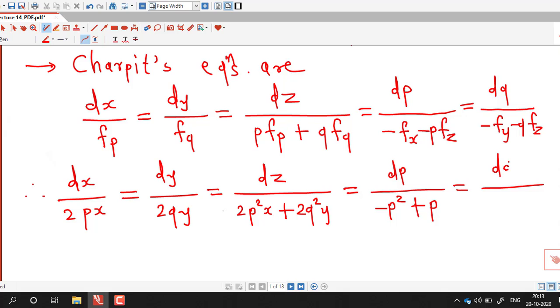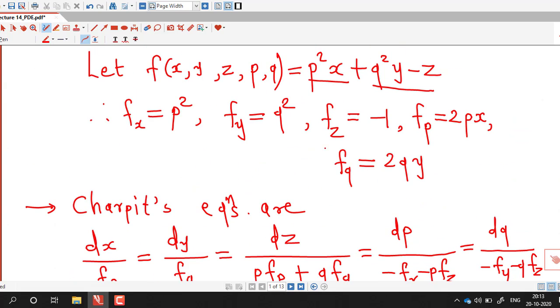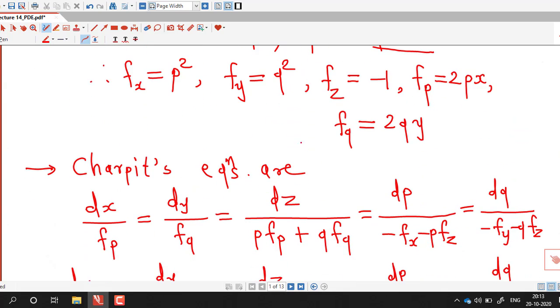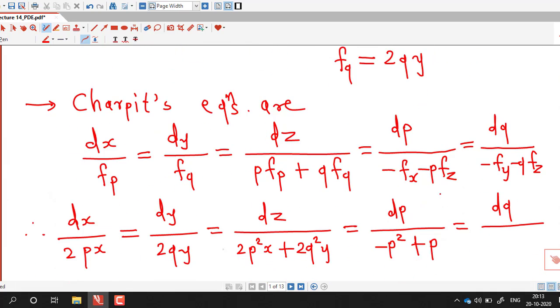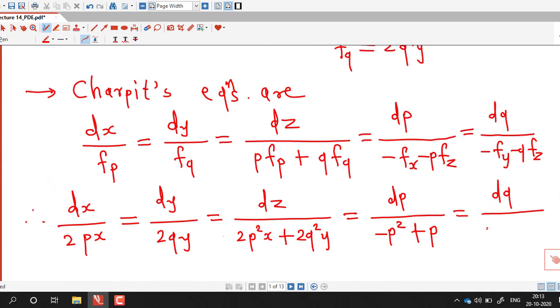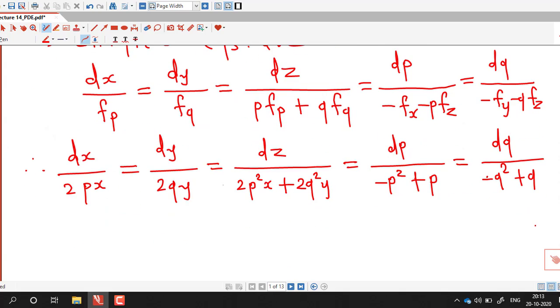Similarly, dq divided by minus del f by del y, which is minus q square, minus q into minus 1, which is plus q. We give this number 1. These are the Charpit's equations.